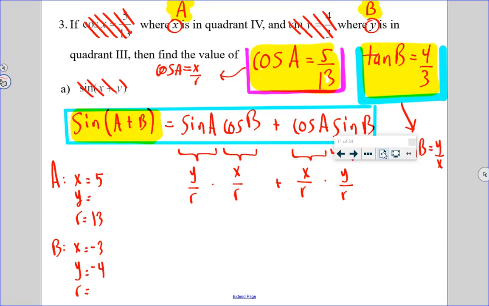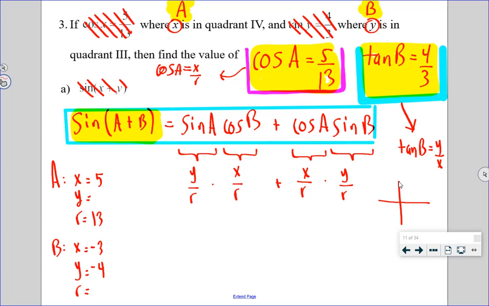And in quadrant 3, I don't want to fill up the board too much with clutter, but down here, x and y are both negative. Okay, so we've got that fixed.